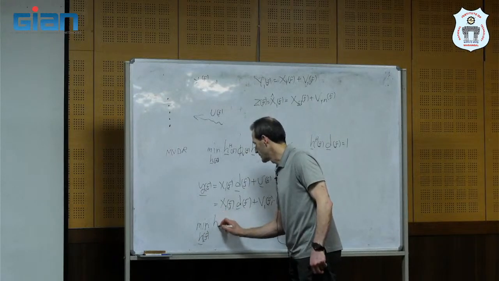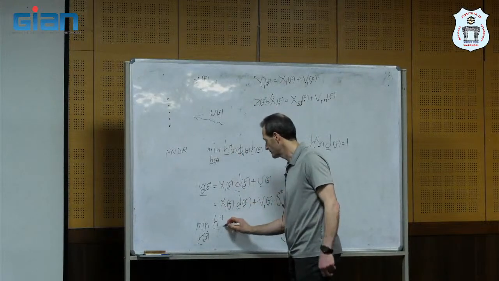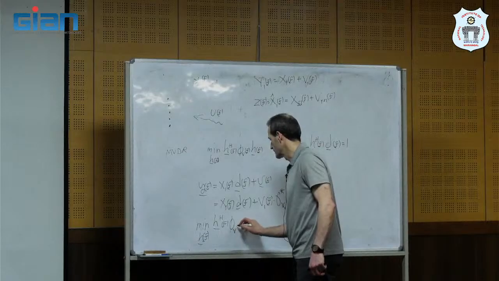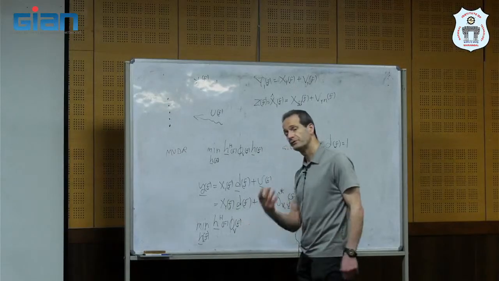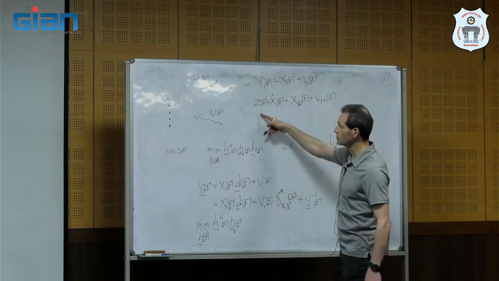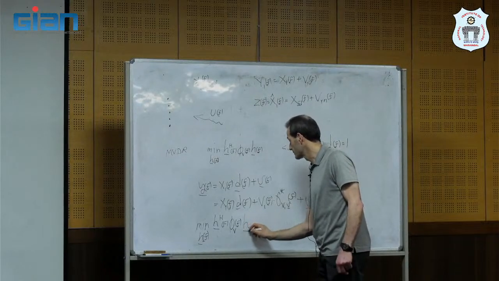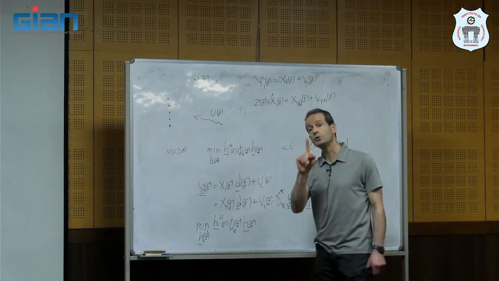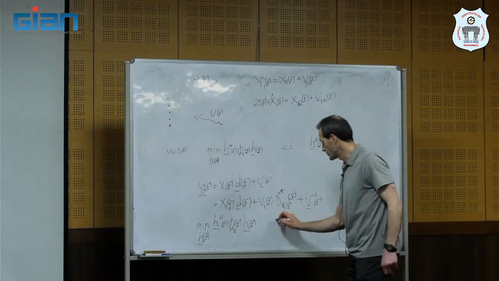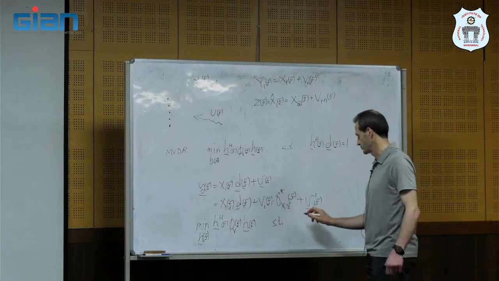So let's minimize the noise, just like we did for the MVDR. So I minimize the variance of the residual noise at the output of the filter, okay? But subject to 2 constraints. One constraint is the distortionless response.